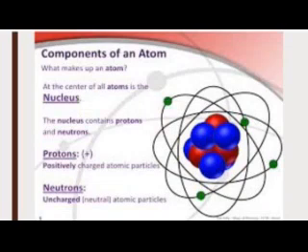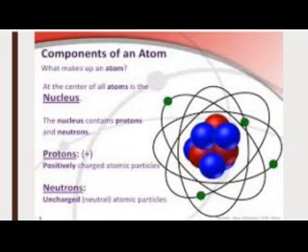Next, what are the components of an atom? You see the atom in the picture. In the center is an element called the nucleus. In each and every atom, the center element is called a nucleus. The nucleus contains two elements, protons and neutrons. Proton has a positive charge, neutron has no charge or is uncharged.